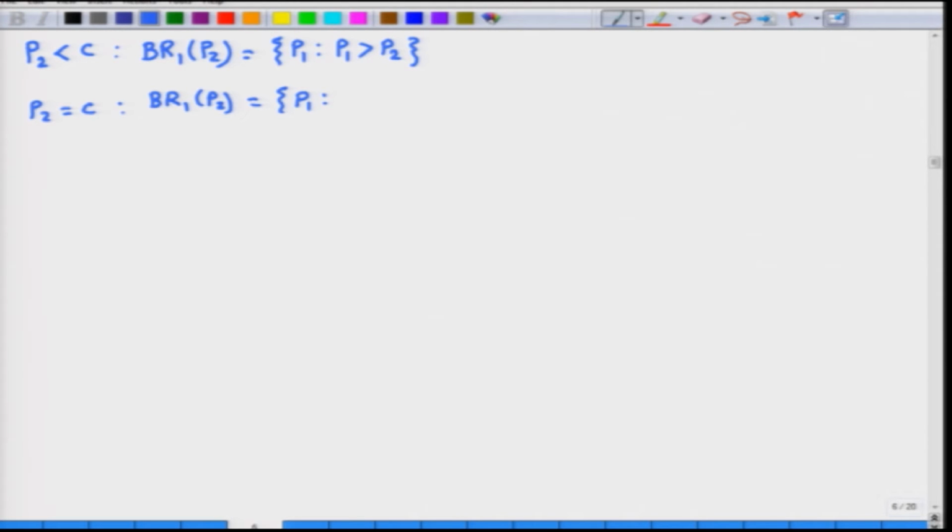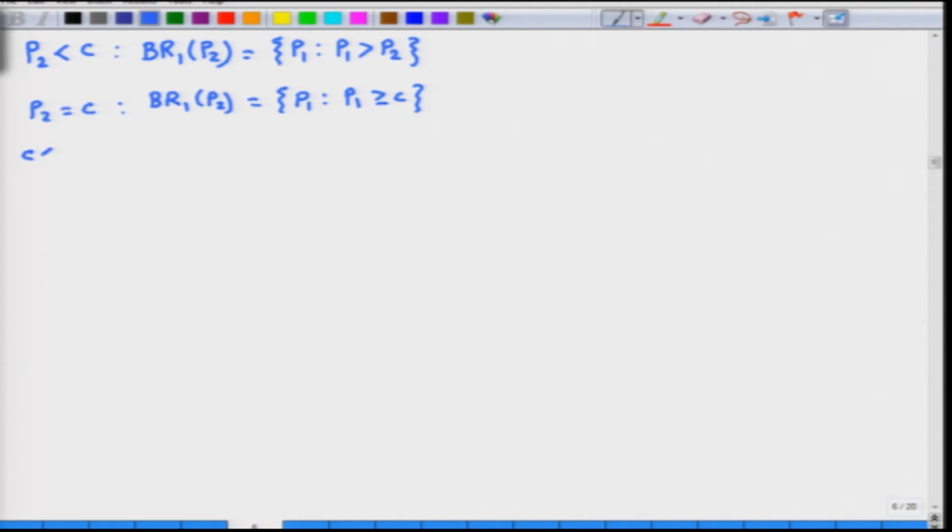If I charge a price which is larger than C, no consumer is going to come to me, so I do not sell anything, again my profit is going to be 0. But if I choose a price P1 which is less than C, then I get the entire market but now I am pricing below marginal cost. So, my profits are negative. So, the best response for firm 1 is to choose any price which is greater than or equal to C.